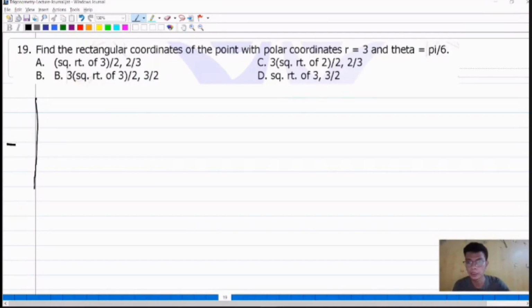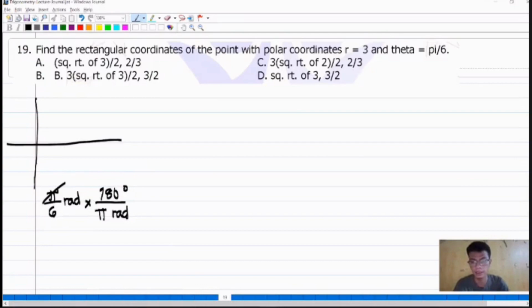The angle pi over 6, which quadrant is it in? Let us convert it manually to degrees: pi radians is 180 degrees, cancel pi, and 180 over 6 is 30 degrees.